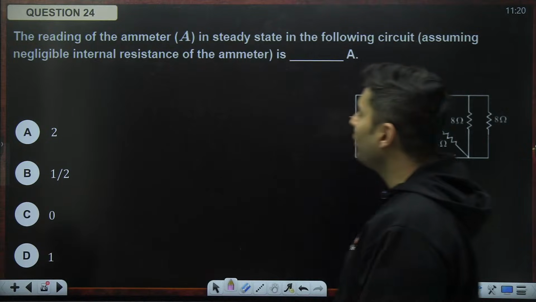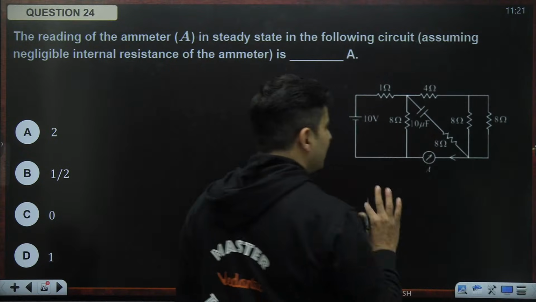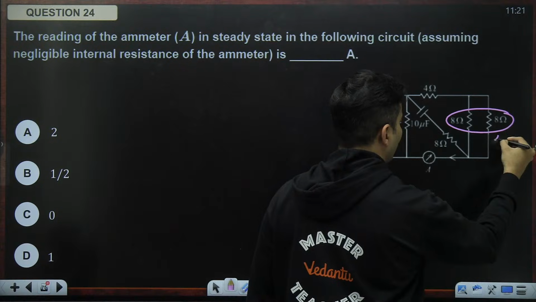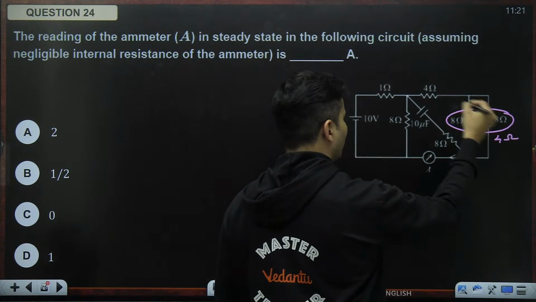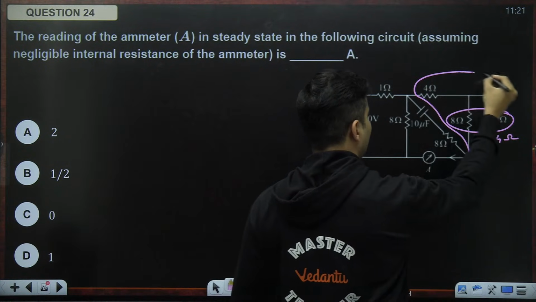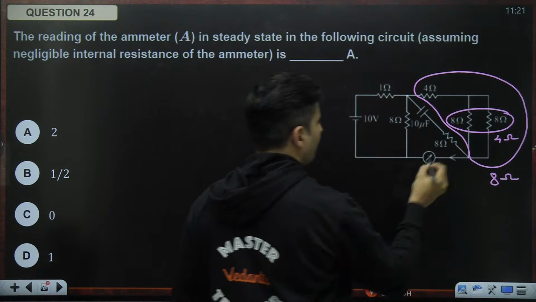Okay. The reading of the ammeter in the steady state in the following circuit, negligible internal resistance, how much will it be? It is a simple series parallel circuit. These both are in parallel. So the answer will be 4 ohms. This 4 and this 4 are in series. So this entire thing will become 8 ohms. Okay.